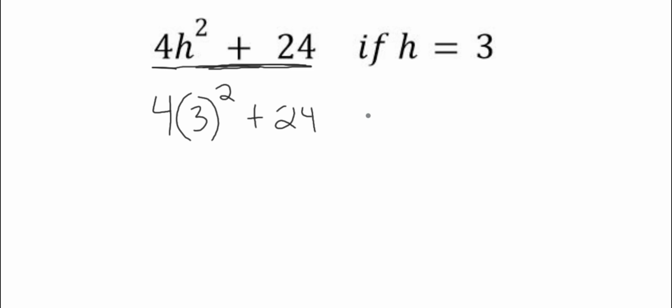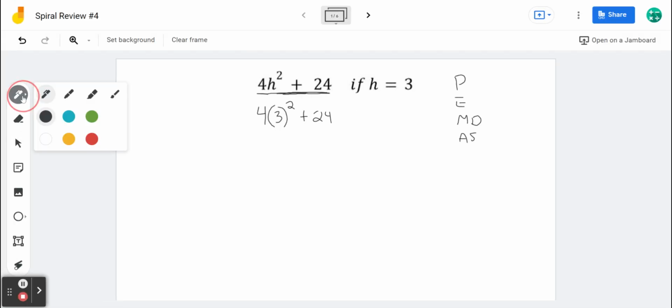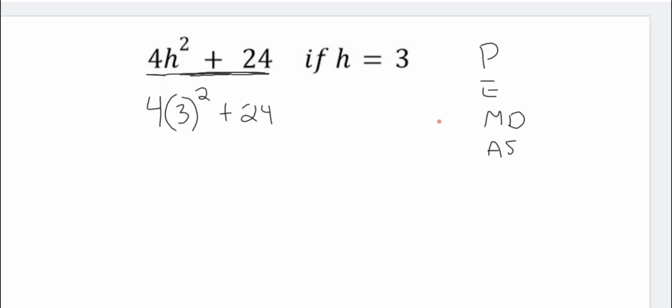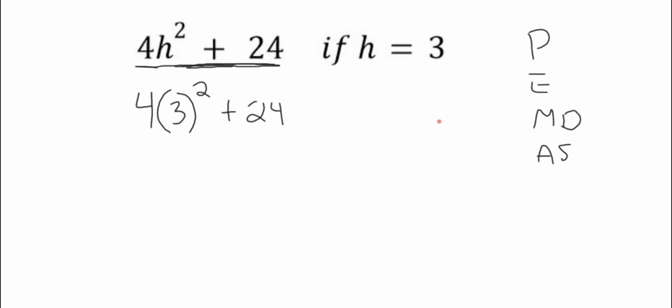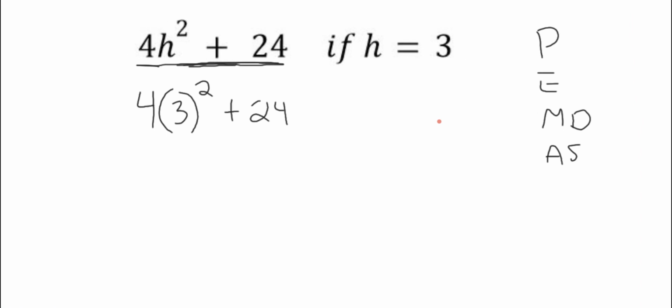Once I rewrite this, it's good practice to write out the PEMDAS notation, the acronym, because this tells us what we're doing. So follow the order of operations. So the first letter P, parentheses.